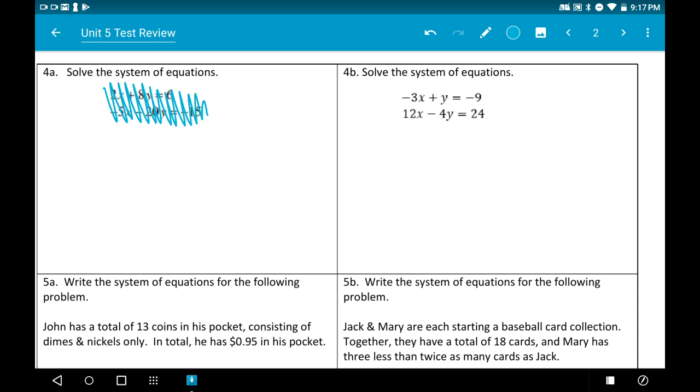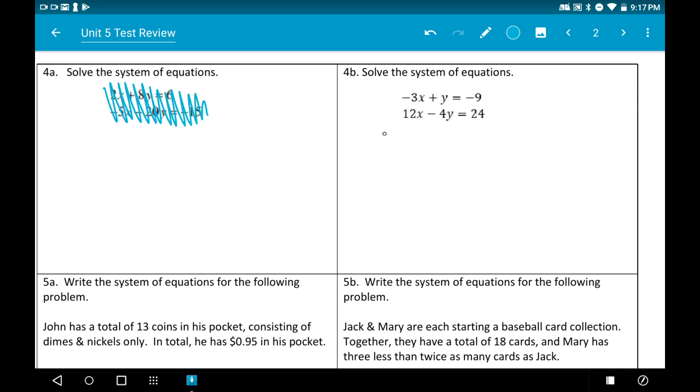So give me just a second, I'll write the correct one we have. We're going to come back to 4a in just a second.